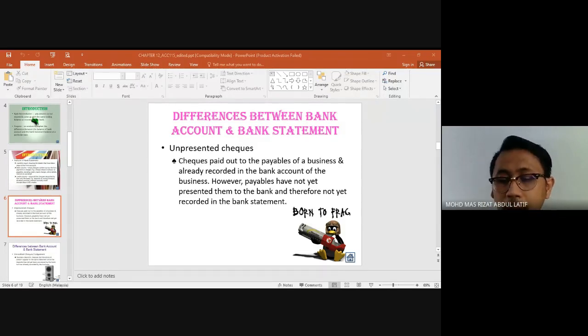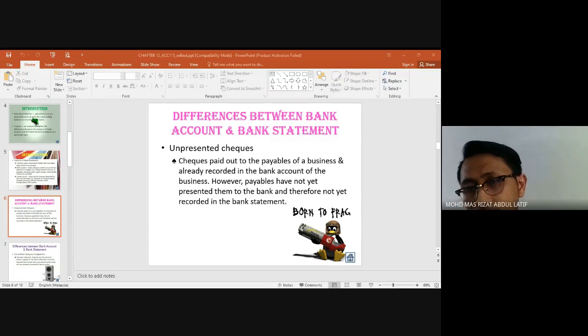So ketiga-tiga item yang appear dalam debit column of your bank statement, all of them appear in the credit side of your bank account, which belongs to Lim Auto, Kalmex Berhad and Ali. Maksudnya ini adalah pembekal ataupun payables yang you bayar hutang pada mereka. Okay, nampak? So macam itulah yang kita nak baca.